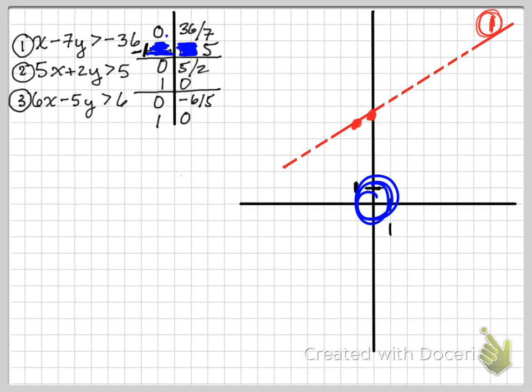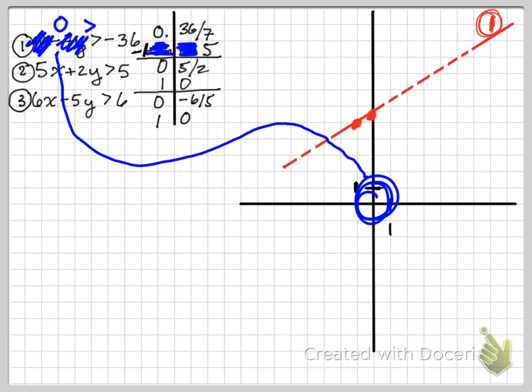If the origin is not part of the solution, then nothing on this side is part of the solution. So make sure you follow those couple of statements that I made. Okay, so if I take this origin and plug it in for x and y here, that zeroes out x, it zeroes out y, and then the question is, is 0 greater than negative 36? The answer is yes. So the origin is part of the solution set, and that means that everything on this side is part of the solution set.